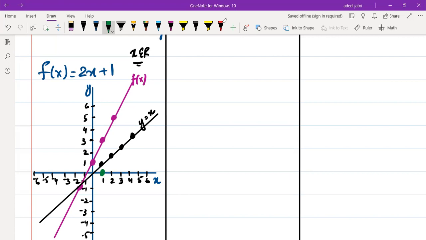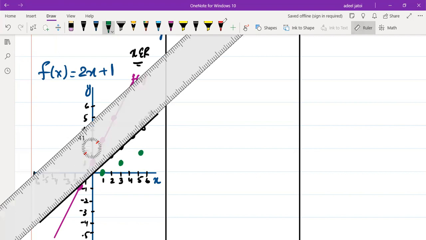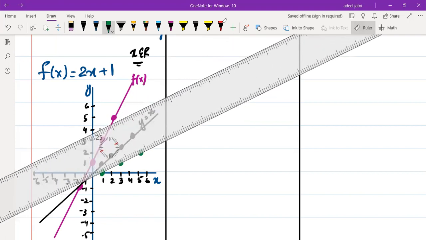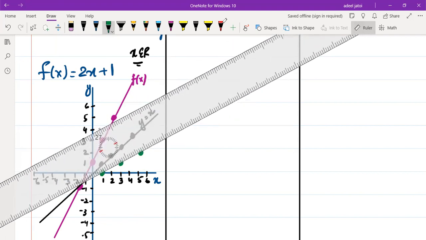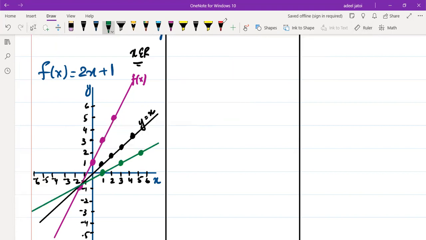So if we just draw the graph, (0, 1) will be (1, 0), right? Then we have (1, 3). I'll just correct this down. (1, 3) will be (3, 1). Then (2, 5) will be (5, 2). Similarly, the graph of f inverse of x is moved in this direction, so that becomes f inverse of x.